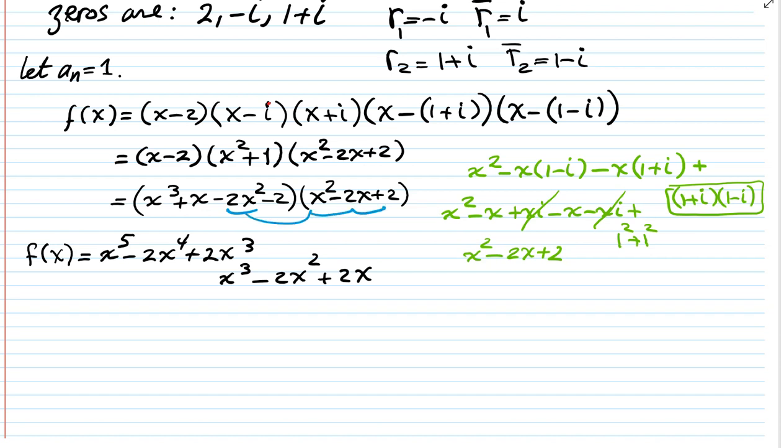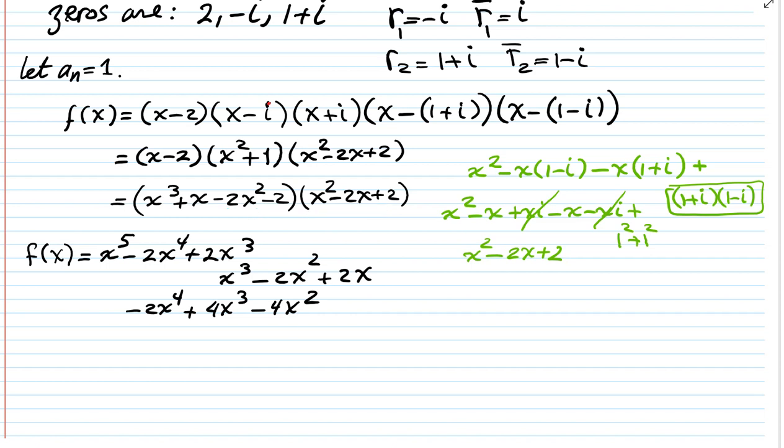Negative 2x squared and x squared, that's going to be negative 2x to the 4th, right? Plus, next is going to be positive 4x cubed. Then it's going to be negative 2 times 2x squared, so that's negative 4x squared. Correct? Got that one done.